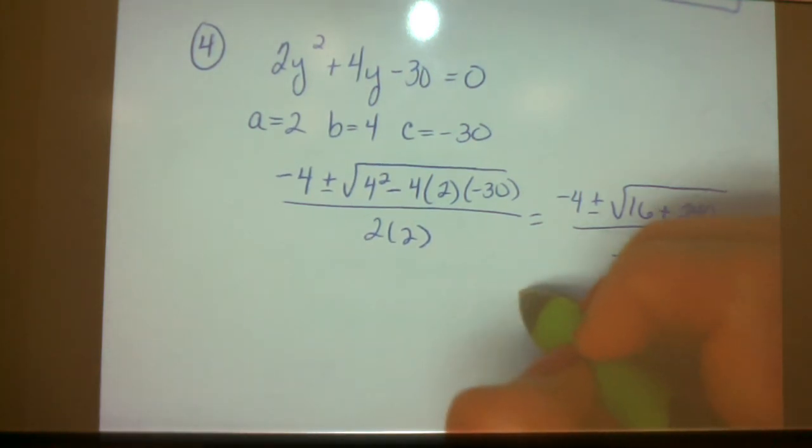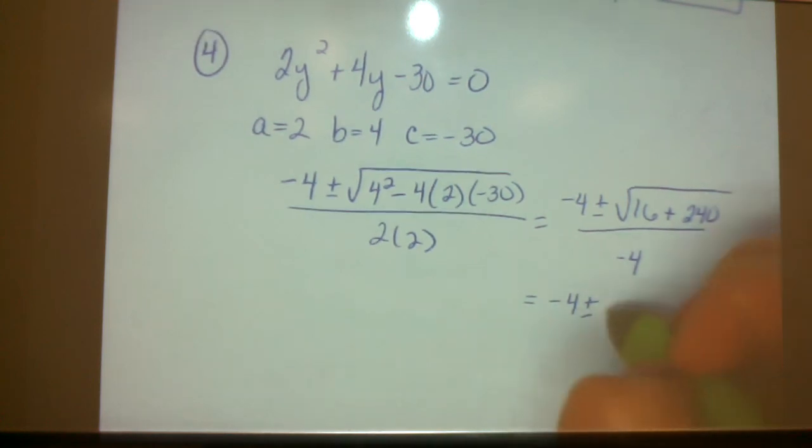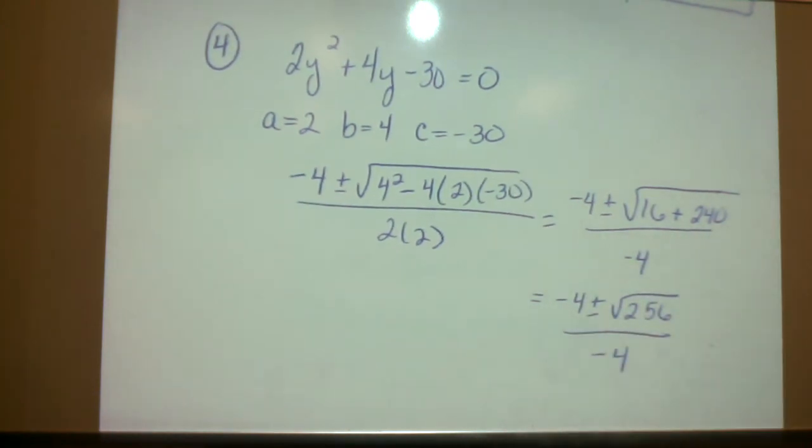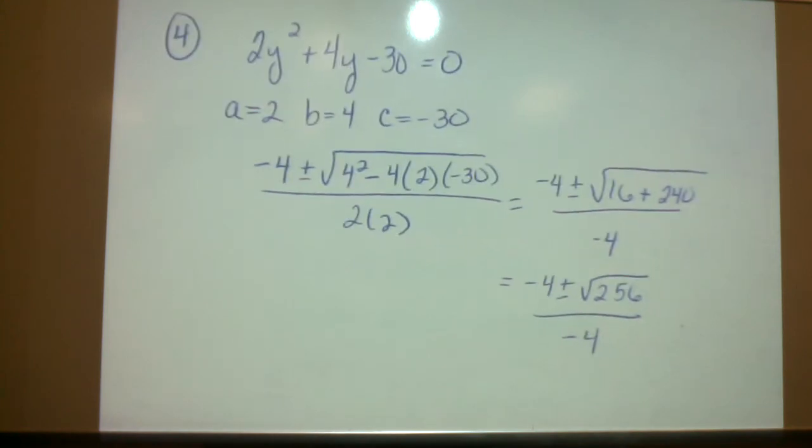Let's add this up. I'm getting negative 4 plus or minus the square root of 256 over 4. That should be a positive 4. Make that a positive.